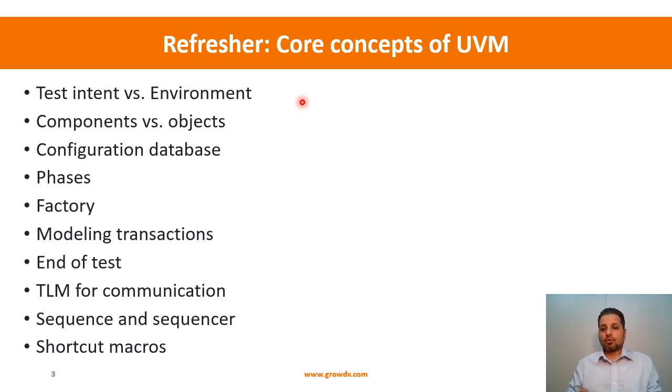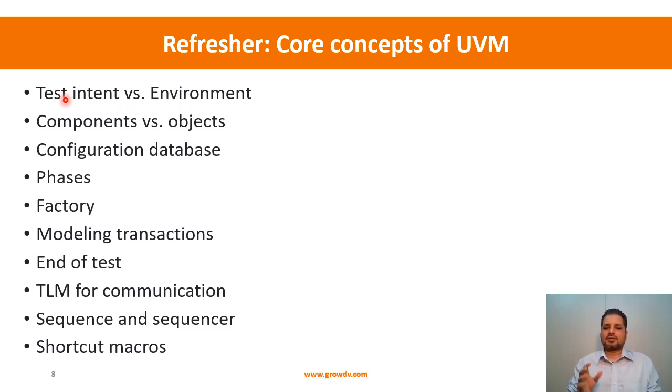It doesn't want to do the self-checking. As much as possible, the test wants to just focus on configuring the design, then stimulating the design, and the rest everything it expects the environment to take care of. That is the expectation. So the test intent is that it will generate the stimulus and then the environment will execute. If you remember, we have correlated this to an instruction and a processor.